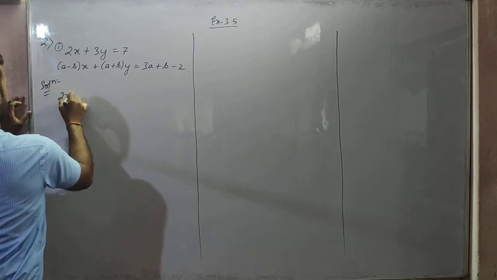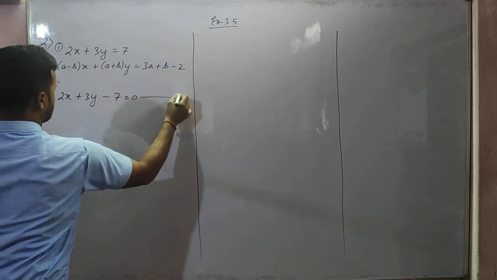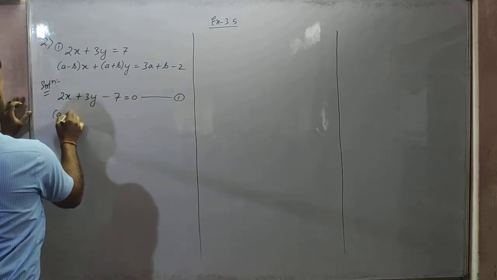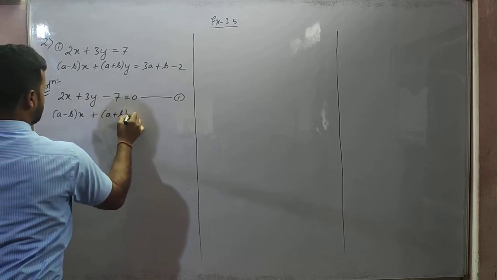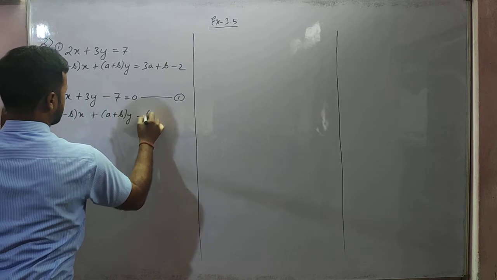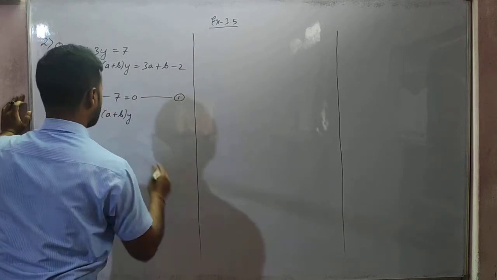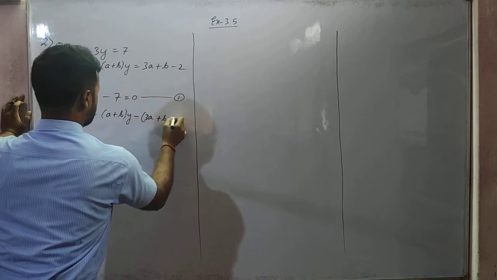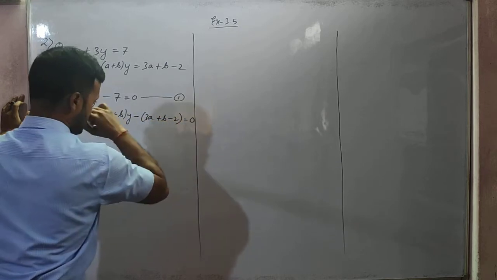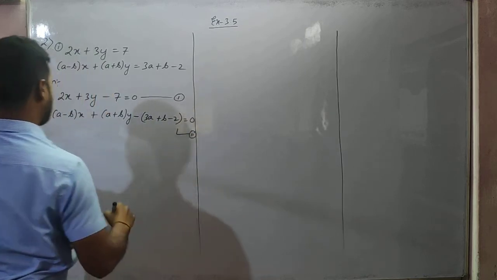So 2x plus 3y minus 7 is equal to 0, mark it number 1. (a minus b)x plus (a plus b)y minus (3a plus b minus 2) is equal to 0. Mark it number 2.